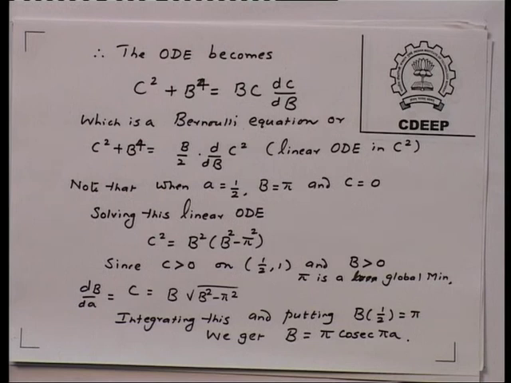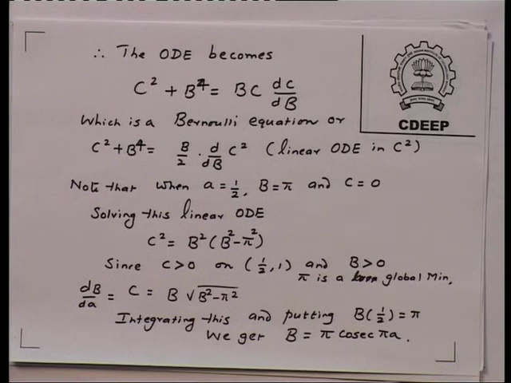And you want initial conditions, you have them: when a equal to half, b equal to pi and c equal to 0, correct? Alright. So, you have to solve the first order linear ODE and you get your c.